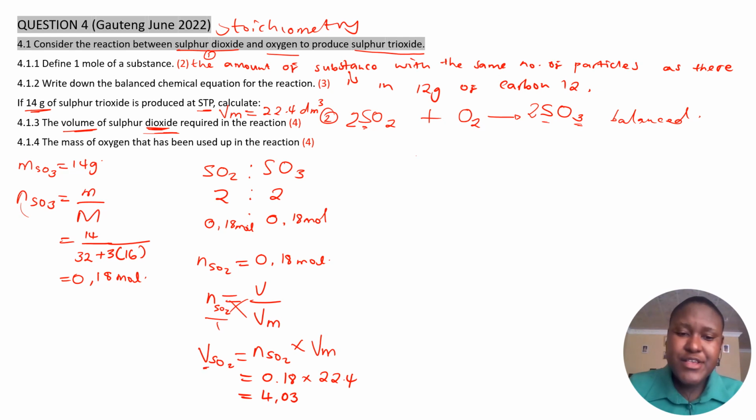Remember, volume has to be in cubic decimeters. And you got the volume of sulfur dioxide. This was question number 3. That was 2, and that is 1, and that is 3.